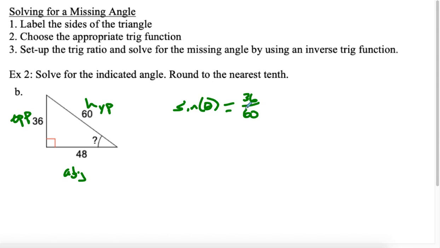And again, to get theta outside of that trig function, I'm going to need to take the inverse sine of both sides of the equation. So these cancel. We are just left with theta equals the inverse sine of 36 over 60.